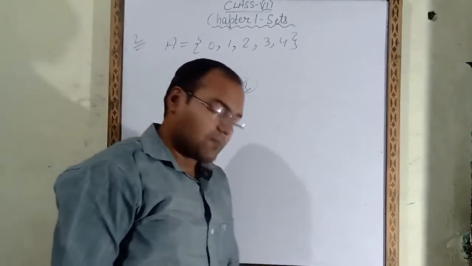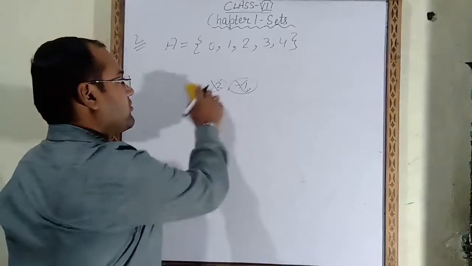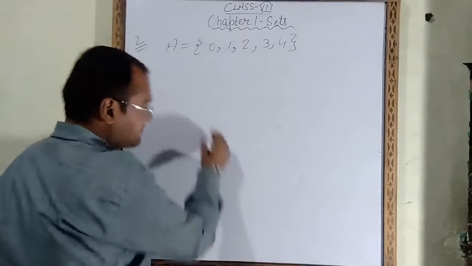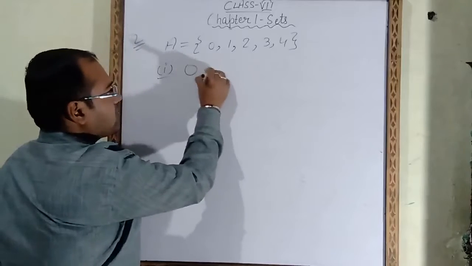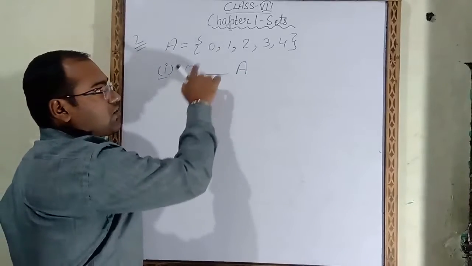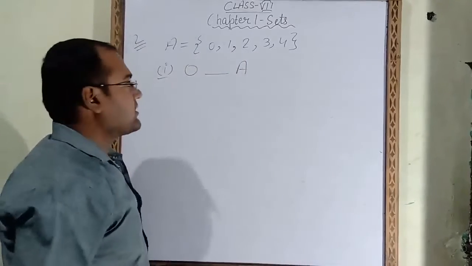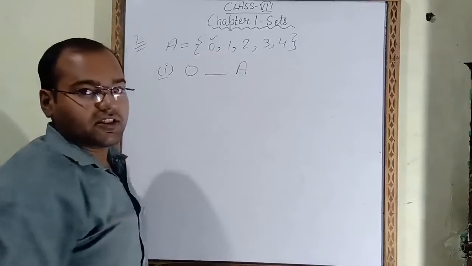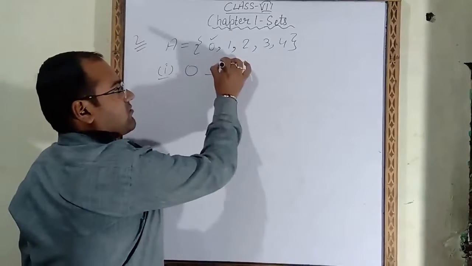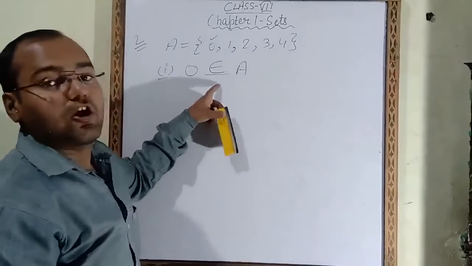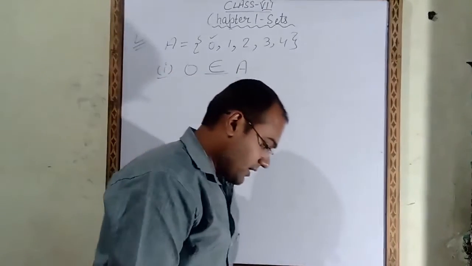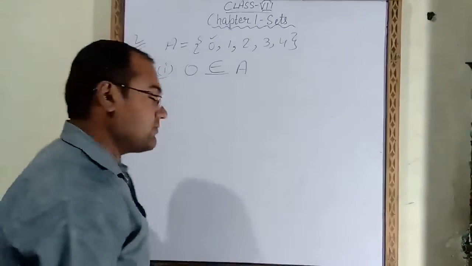Now fill in the blanks with belongs to and does not belong to. First part, 0 dash A. Is 0 coming in this set A? Yes, 0 is coming here in the set A. That's why we have to fill in the belongs to sign here. This is the symbol of belongs to. Next part, you see part number 3rd.